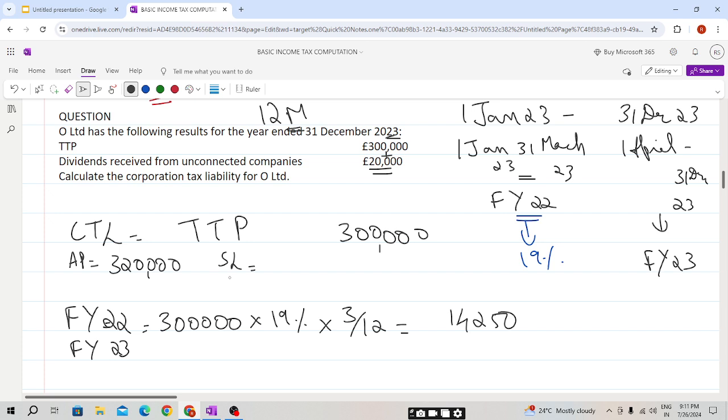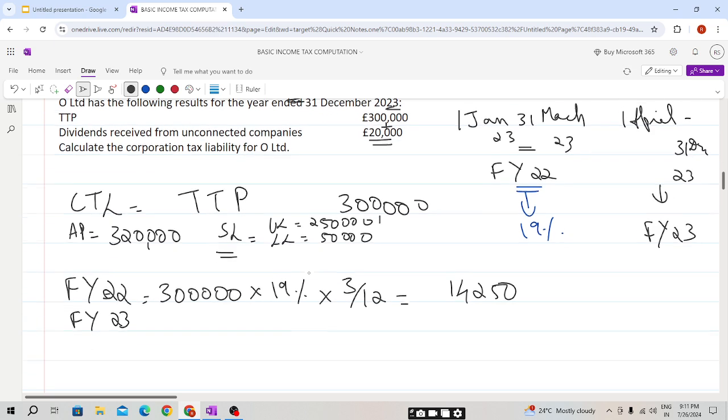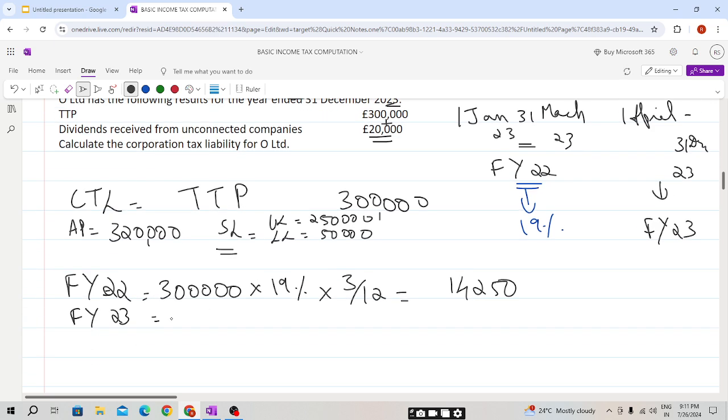So the statutory limits will be the same. Upper limit will be 250,000 pounds and lower limit will be 50,000 pounds. So now Finance Act 23, this 30,000 into 9 divided by 12.